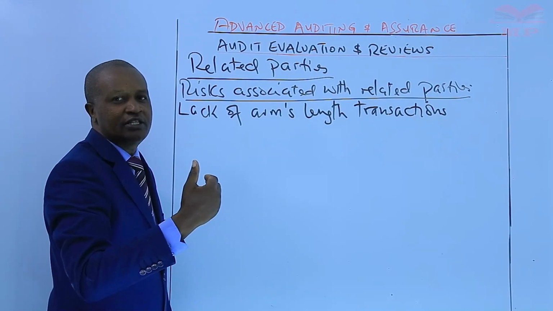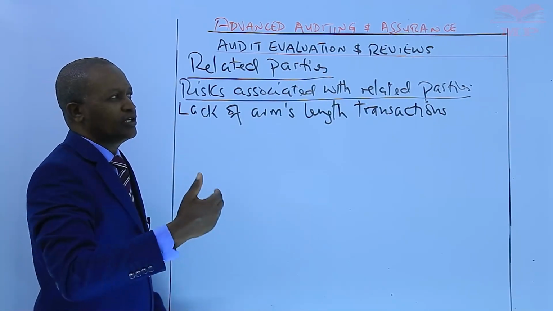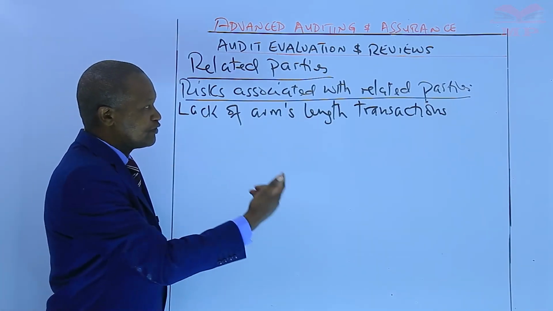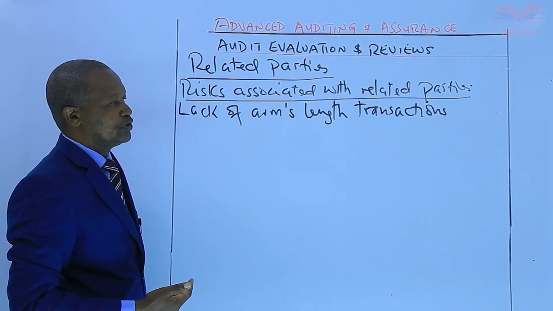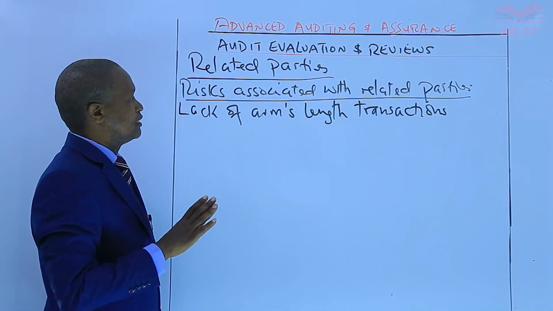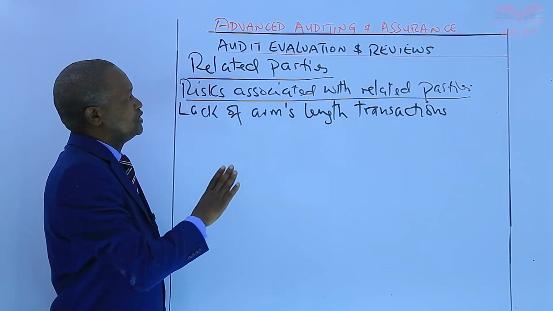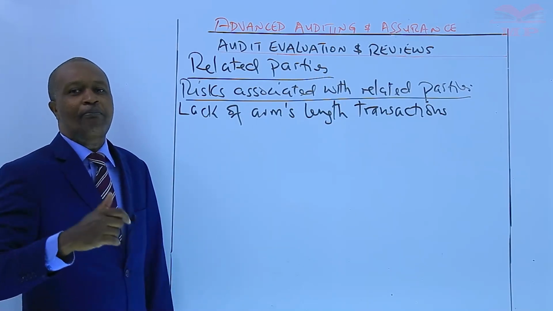So related parties, we know, the transactions may not be conducted in the normal commercial terms because of the influence that the related parties have in an organization, or because of ownership and so on. So lack of arm's length transaction is a risk that is associated with the related parties.